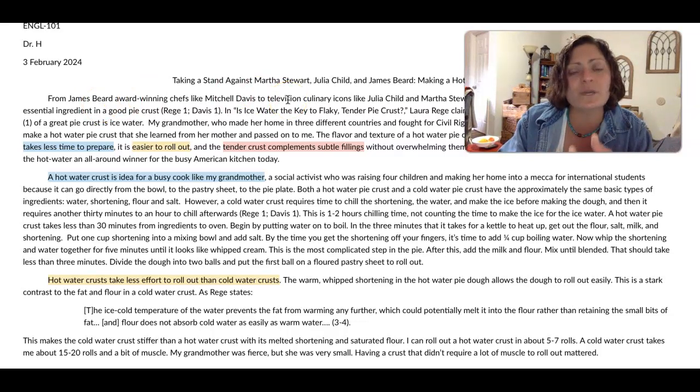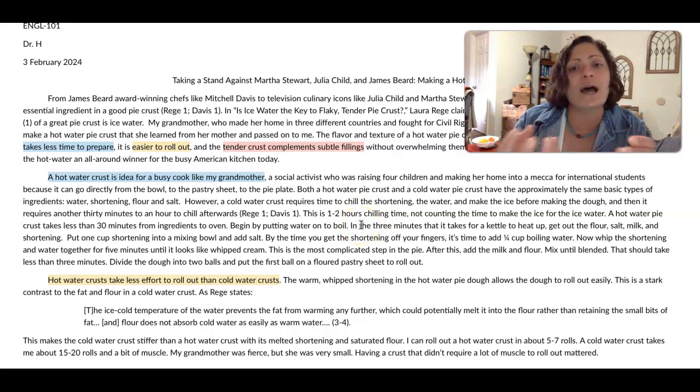So both of these people know their stuff. And to say that they agree that this is how you make a cold water pie crust gives this some weight that, yeah, this is an accurate reflection of what a good cold water pie crust requires. Chilling ingredients before, chilling the dough afterwards. So that's 1 to 2 hours chilling time. That's the center of my argument.